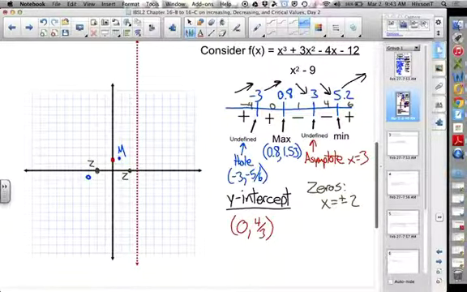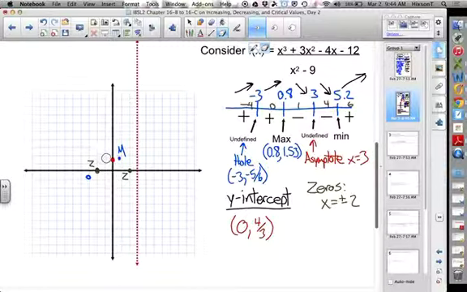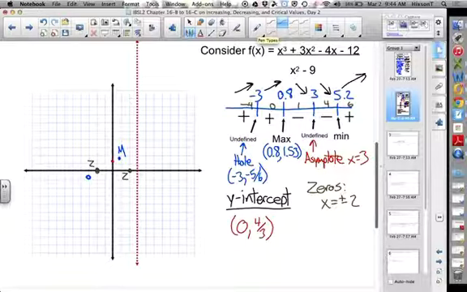It's just barely above the y-intercept. It might be good if I made that point a little smaller on my y-intercept, because that was just at 1 1/3. So there's our y-intercept, our max point, and then what do we get for the min point?